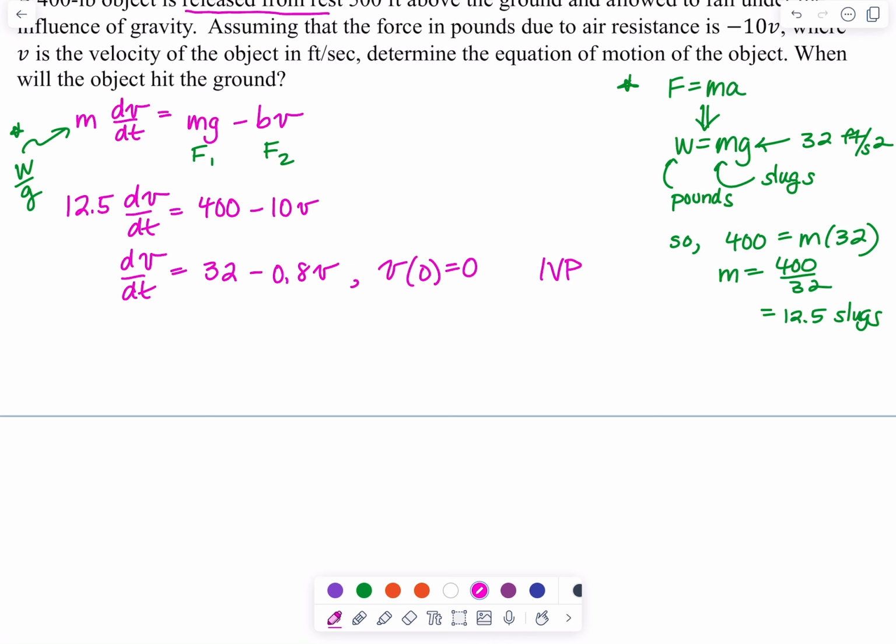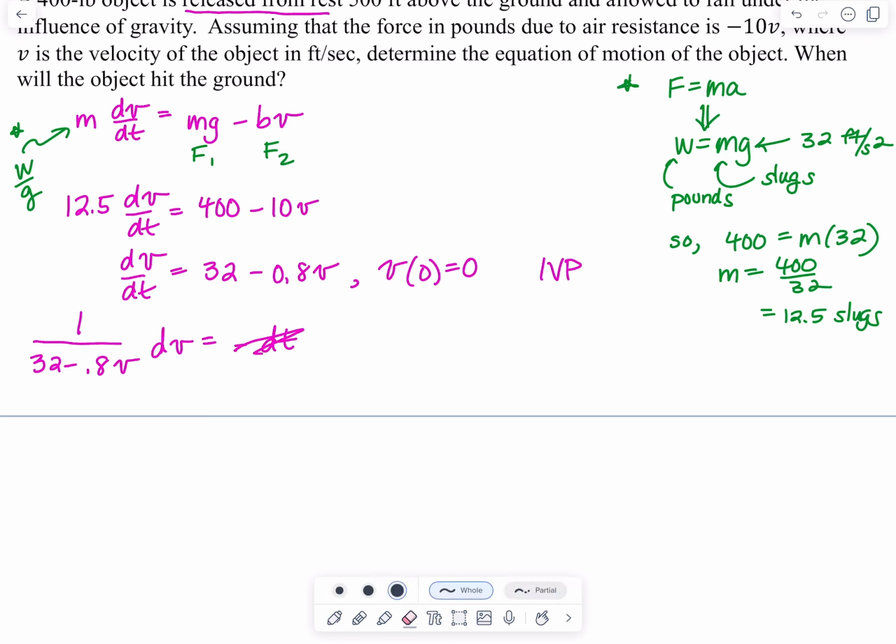Let's see what we have. We have 1 divided by 32 minus 0.8 V dV is equal to the opposite of dt.